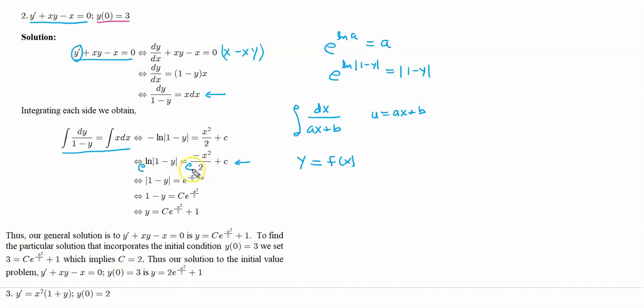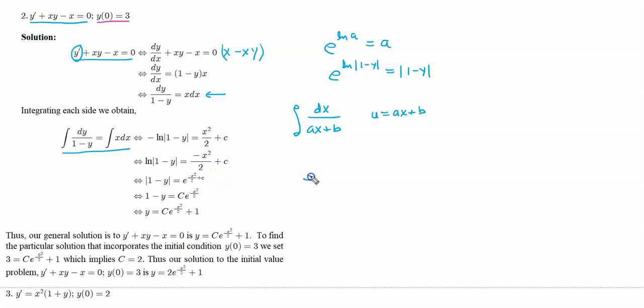We have to do that to the right-hand side as well. So what we end up with is this equation right here: the absolute value of 1 minus y equals e to the negative x squared over 2 plus c.